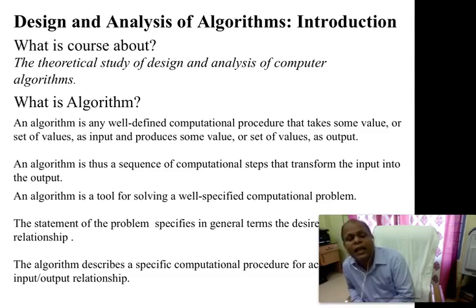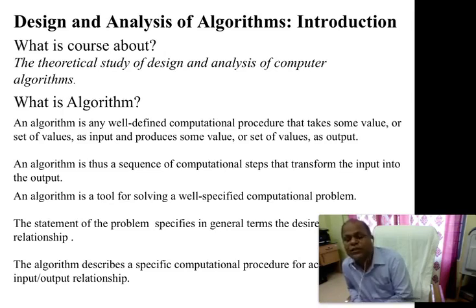Hence, an algorithm is a well-defined computational procedure that takes some value or set of values as input and produces some value or set of values as output. The algorithm describes a specific computational procedure for accomplishing the input-output relationship.